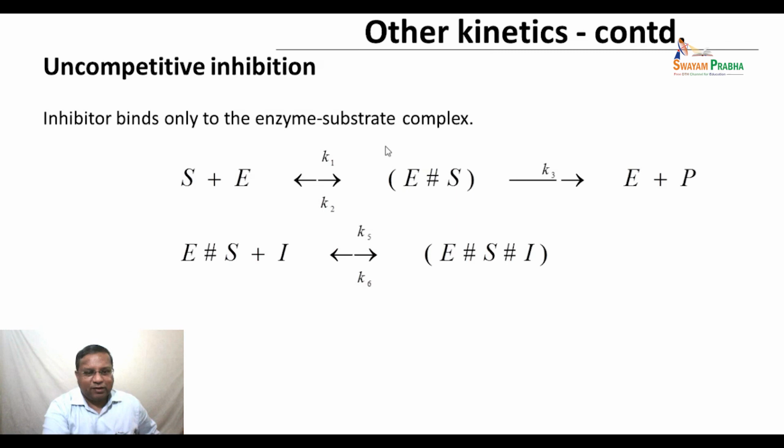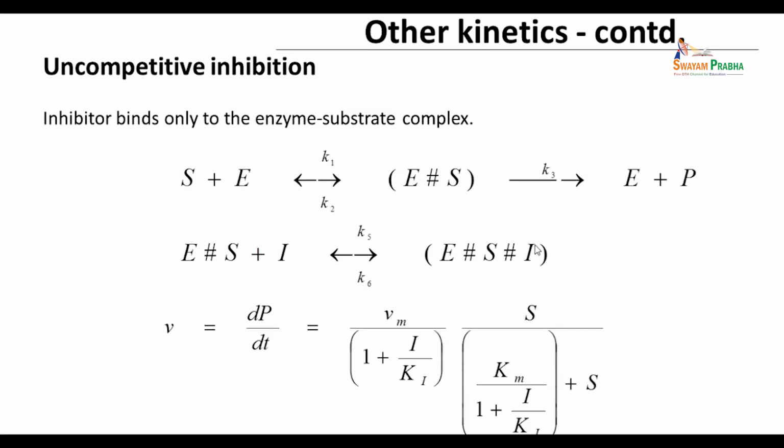In such a case, the reaction mechanism is the Michaelis-Menten plus enzyme substrate complex plus I, giving you reversibly enzyme substrate inhibitor complex. The derivation of this would lead to V equals dP/dt equals Vm by (1 plus I by Ki) divided by S, into S by (Km by (1 plus I by Ki) plus S).